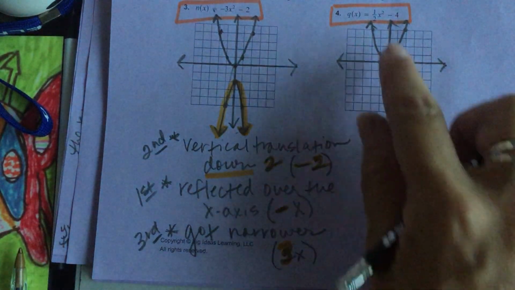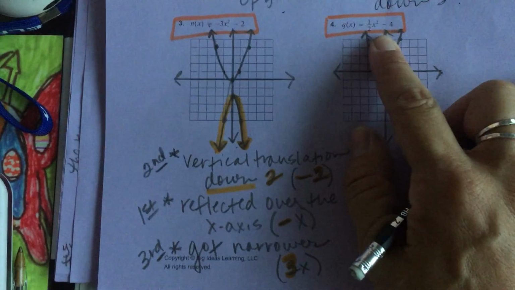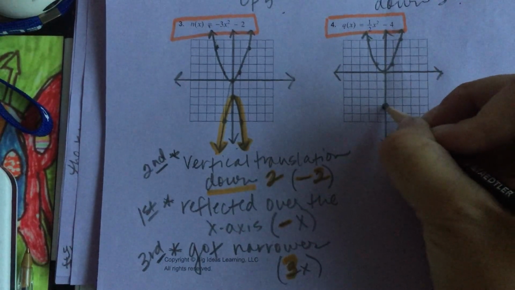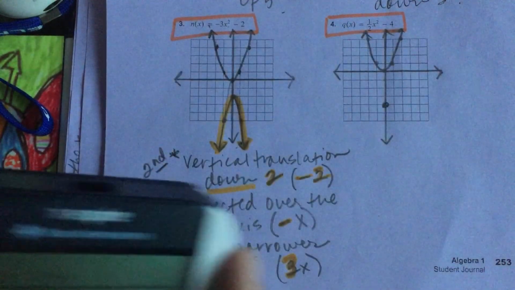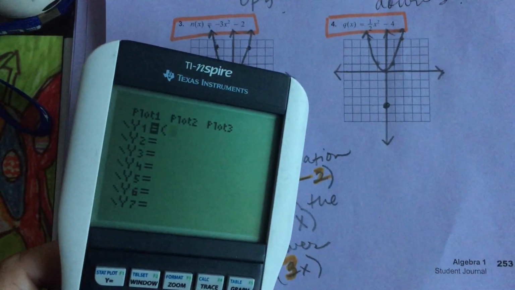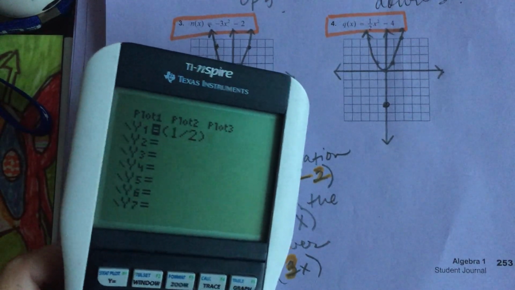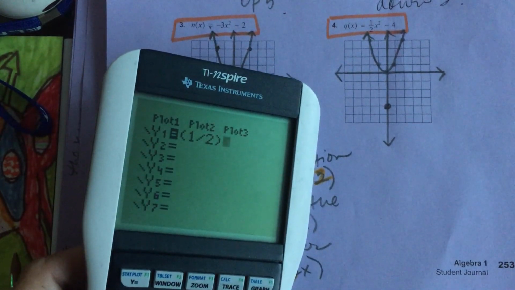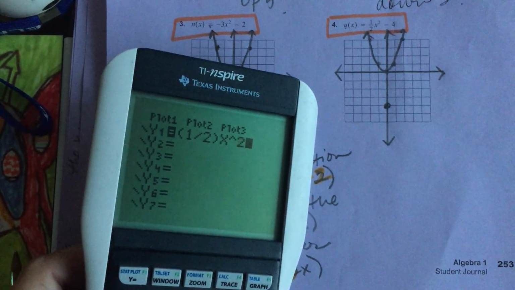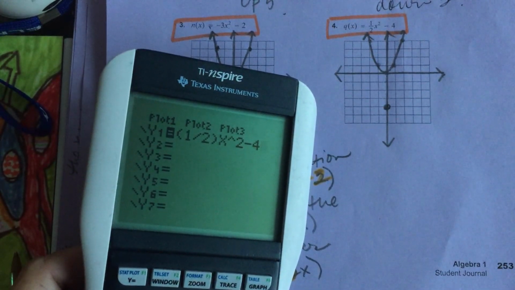Now, number 4 looks like, from the equation, it should be sliding down to -4 on the y-axis, and it should be getting fatter. And the other thing I wanted to remind people of, and I was helping a few people with this in class, wrap parentheses around your fractions. Put it in as 1/2 in parentheses before you go x squared -4.